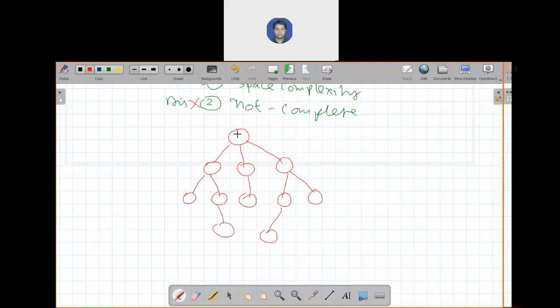Give the nodes the names A, B, C, D, E, F, G, H, I, J, and K. Please consider this is the given graph, and here your start state, the initial state, is A, and your goal state is K. In this iterative deepening search technique, we search for the goal level by level.